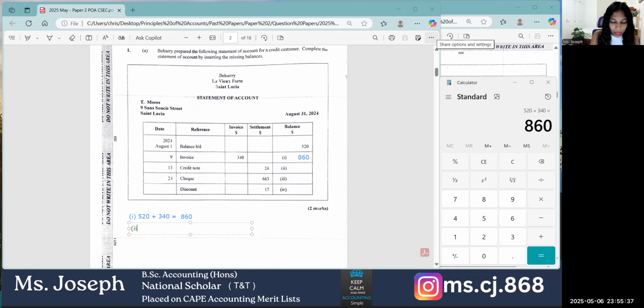In this case, we're going to have to minus. So we're going to say 860 that is owed to us minus the $24 that is going to be considered returns. 860 minus 24, 836.